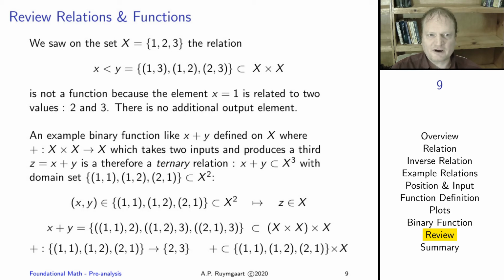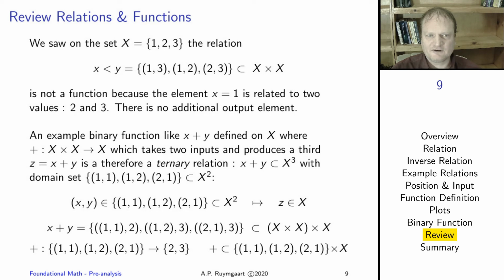We talked about binary functions, so we've just shown a binary relation. A binary function is actually a ternary relation because the function produces a third element z, which is the output of the function. So we're using here the example plus x plus y as our binary function.